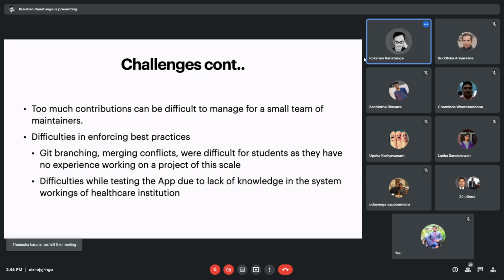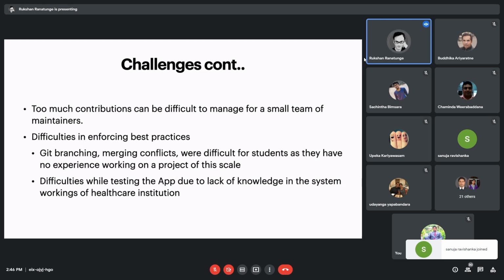And there were occasions where some contributors made changes, and since they don't have the medical knowledge and don't know how things work, even though their functions worked in one way, they broke the already existing system. So there were occasions we had to roll back the system and fix these bugs, and sometimes these bugs were found during production.